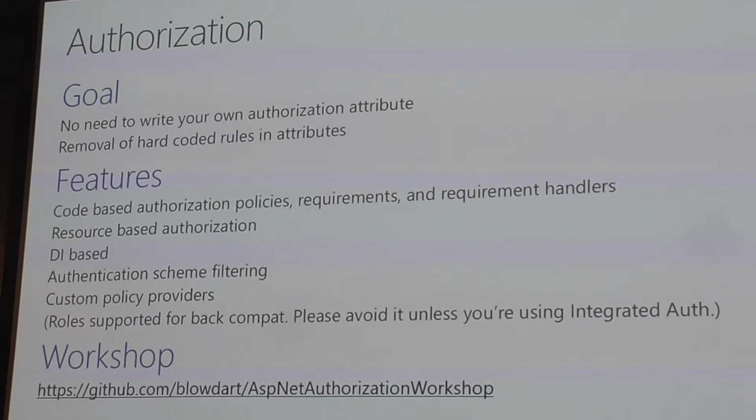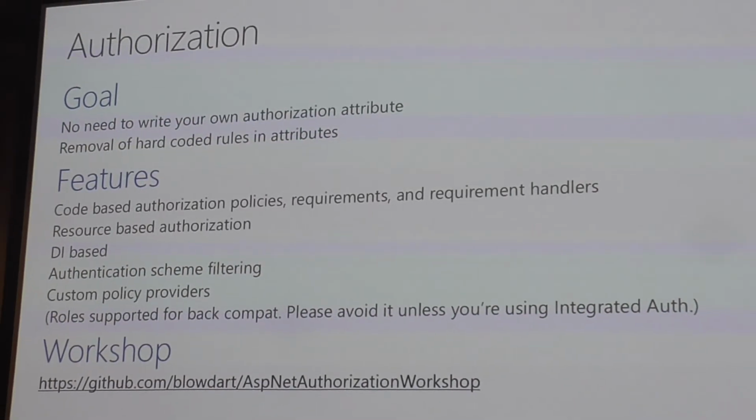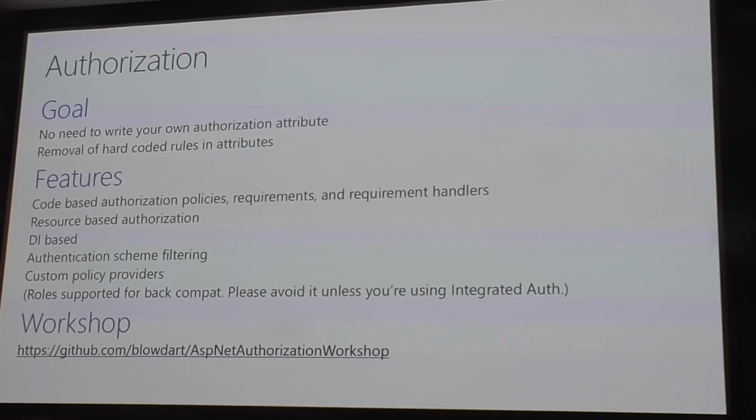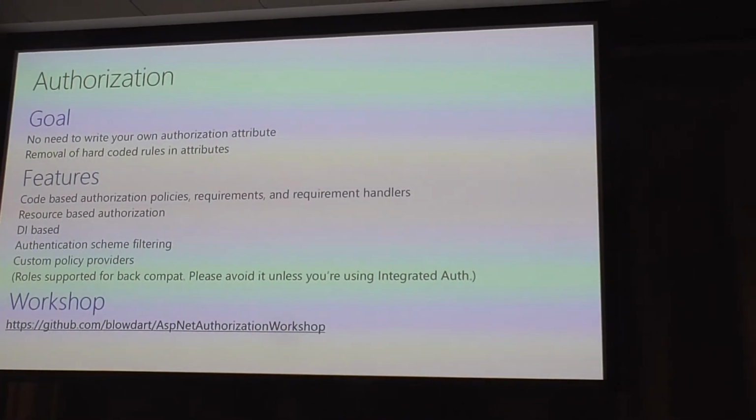And we have custom policy providers. So if you hate what we've done, you can just throw it all out and wire up your own. So Dominick Baier and Brock Allen, who are the guys behind Identity Server, have a new commercial product called Policy Server, where they've taken our pieces, they've moved it out to a separate service, a separate website that you can run where you can define all your policies in this nice UI.